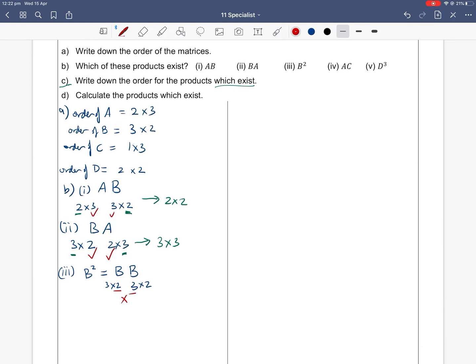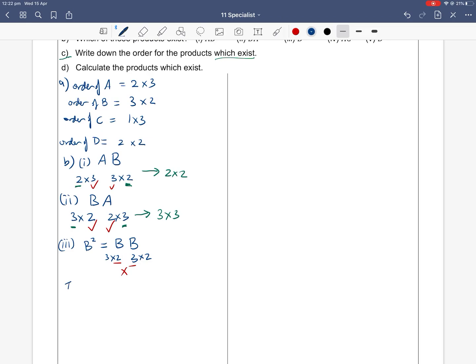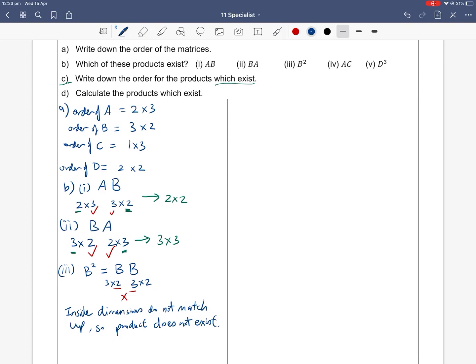So the inside dimensions do not match up, so the product does not exist. What else?